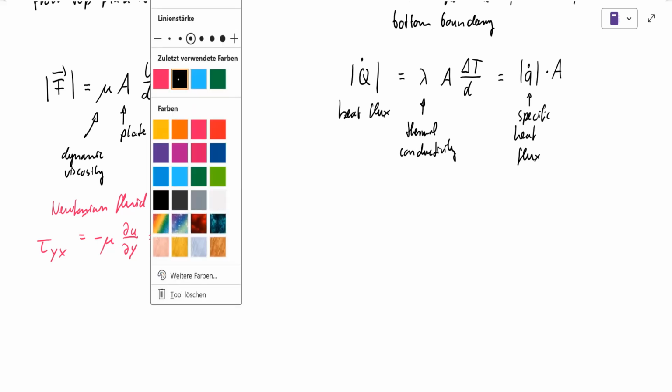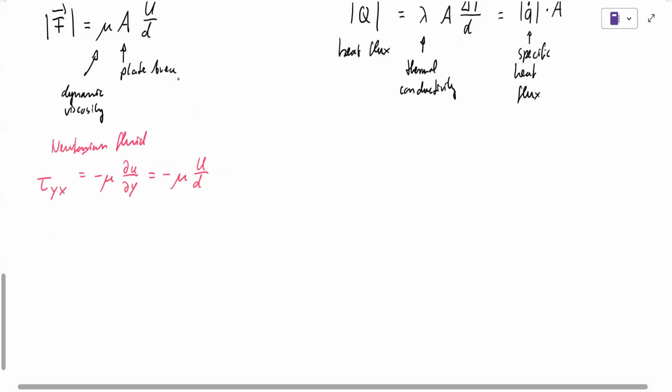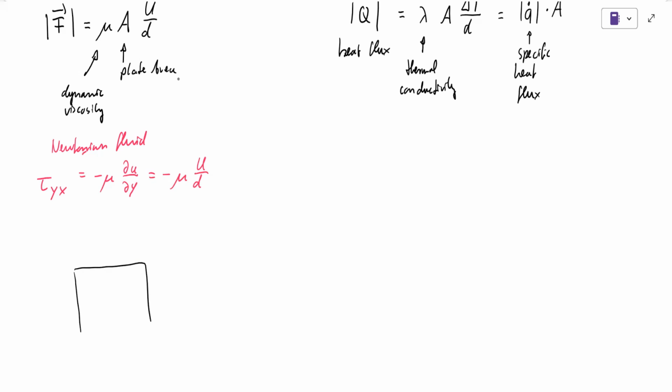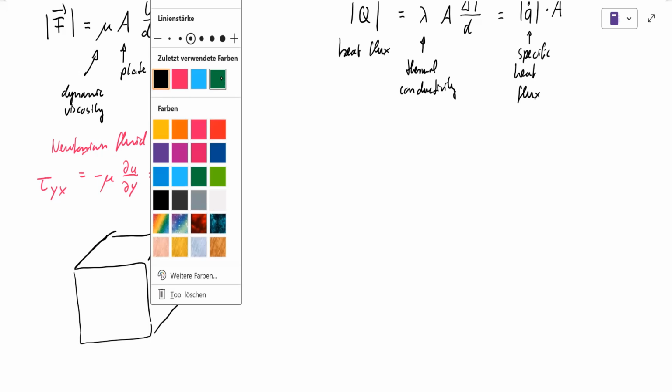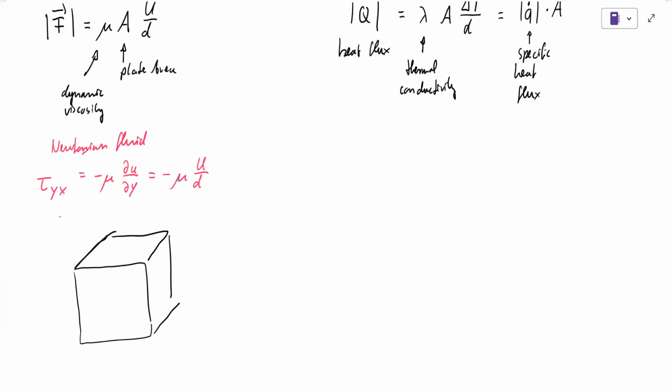And if we have a look at our microscopic scale, then of course we have our microscopic infinitesimal control volume. And here, what is y, what is x? It's quite simple. The first one is the normal vector to the side we are looking at. So the y, of course, is x, y, z. So this one is the direction of the plate.